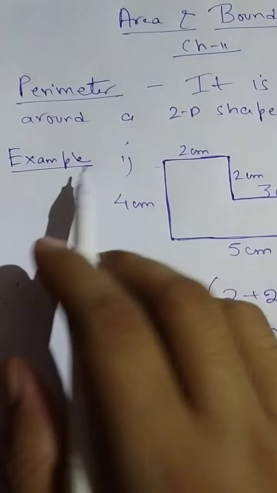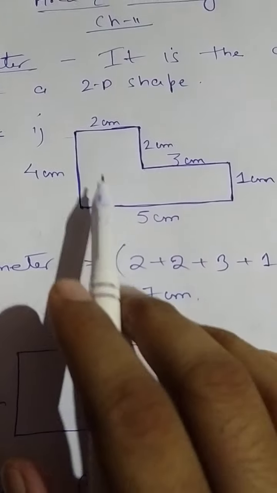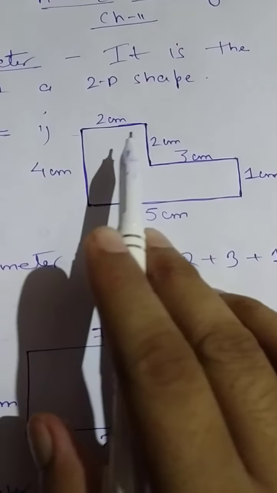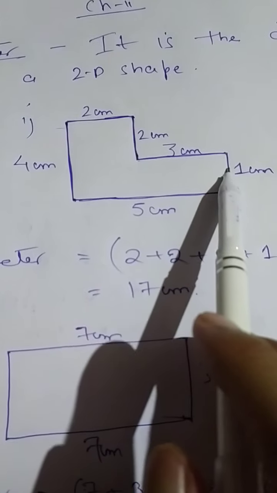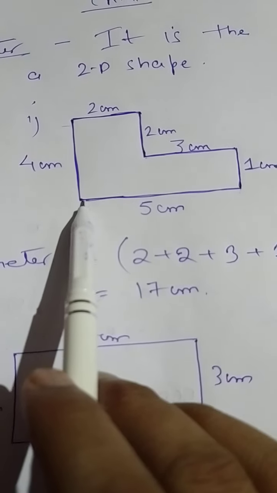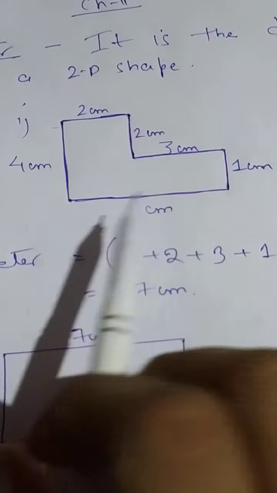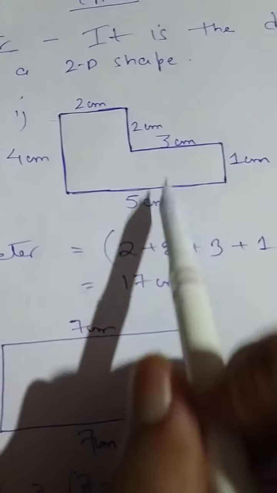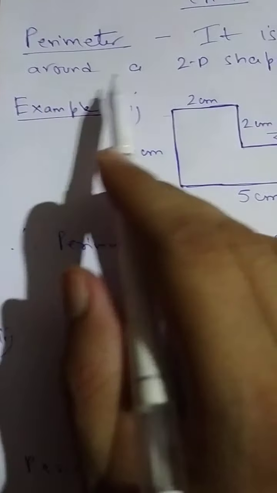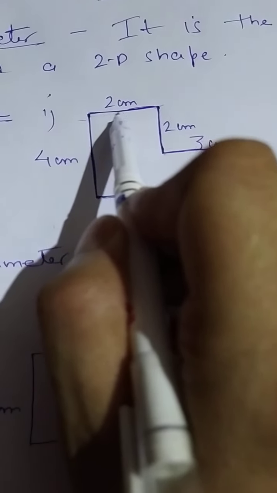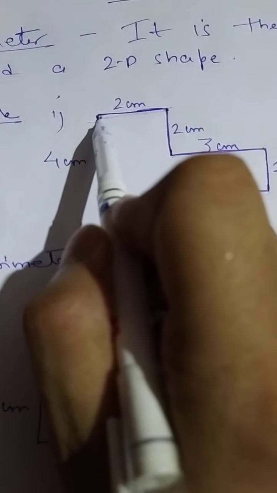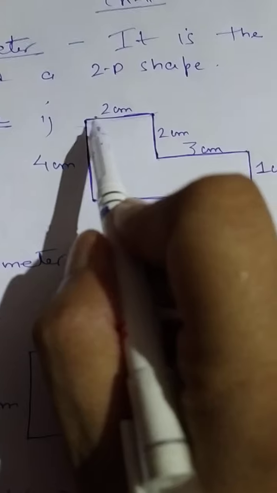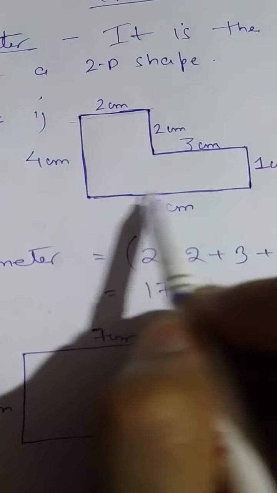Now what is the meaning of this? Let's start with one example. This is one diagram I have taken. The sides are 2 cm, 2 cm, here 3 cm, 1 cm, 5 cm and 4 cm. Now what is the perimeter? According to this definition, distance around a 2D shape, that means if you add the lengths of these sides, you will get the perimeter. Now how many sides are there? 1, 2, 3, 4, 5, 6.